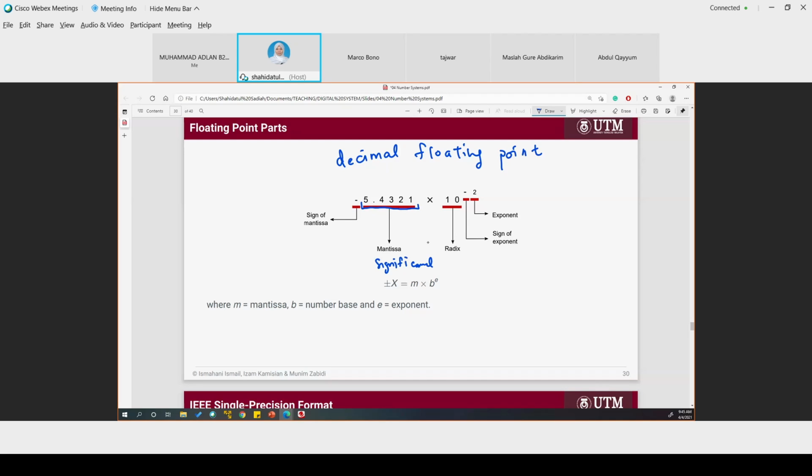Some people call it the significand, and after the times here, that is the radix, and here is the exponent, and we also have the sign of the exponent. Okay, so we can write it as, the original number is x, could be positive, could be negative, and this is equal to the mantissa times the base, which is the radix, to the exponent. Right, so this is how we write the floating point in decimal, and it could also be in binary.